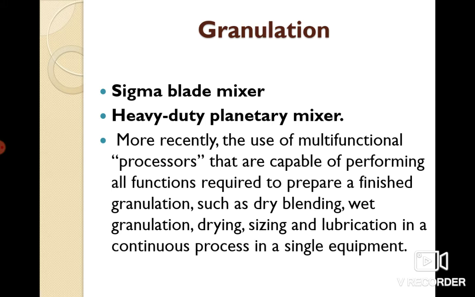More recently, multifunctional processes have been used that are capable of performing all functions required to prepare a finished granulation, such as dry blending, wet granulation, drying, sizing and lubrication in a continuous process. All the processes occur in a single equipment.